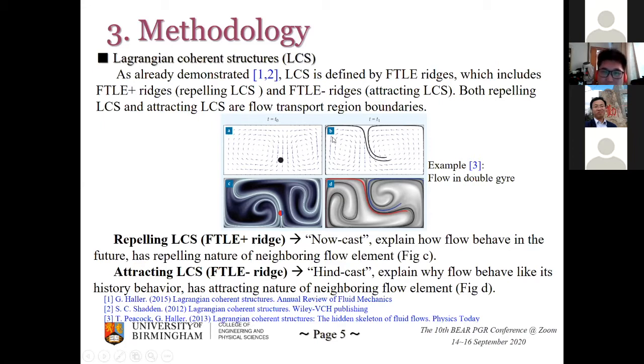After a period of time, at time 1, the ink shape looks like figure B. So we can see from figure A to figure B that the ink shape changes with the effect of the flow. But why did it change?